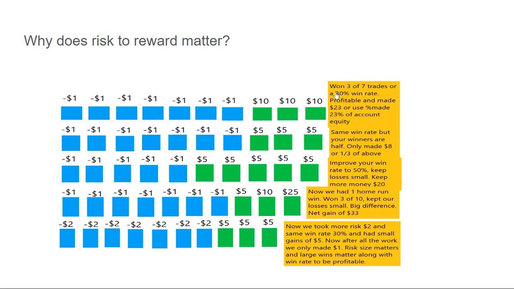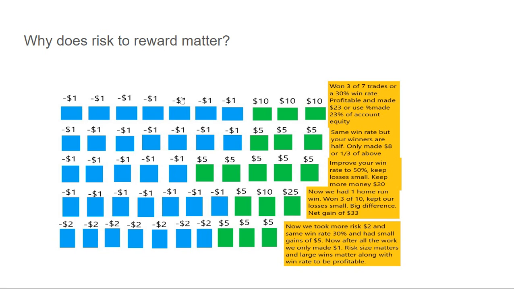So on this top line here, we can see we've got losses. The blue squares are losses, the green squares are wins. If we just go left to right, we can see we have 7 losses. We limited our losses to $1 each. Or you could even use percentage. If you want to use a percentage, it's the same math.